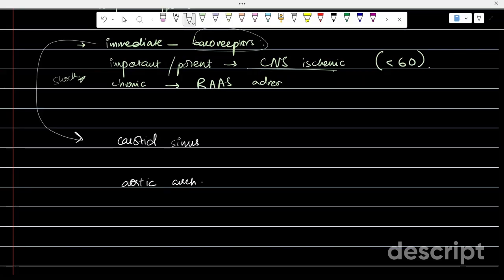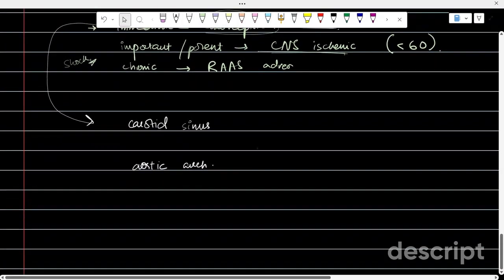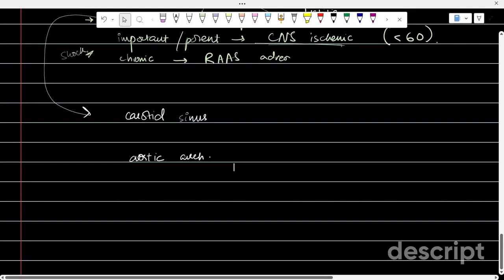If blood pressure is higher, there is more stretch; if it is lower, there is less stretch. One important point: baroreceptors are present in the adventitia of the large arteries, which are the carotid sinus and aortic arch.